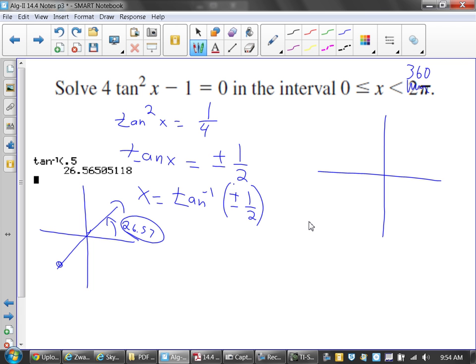All right. The negative value is over here then, correct? To get this reference, what are you doing? 180 minus the x, so that's what? 153.